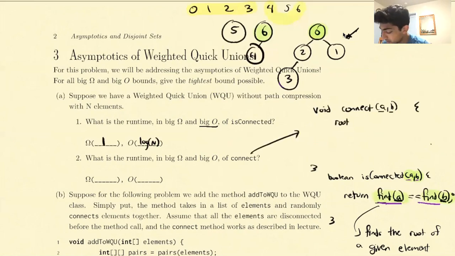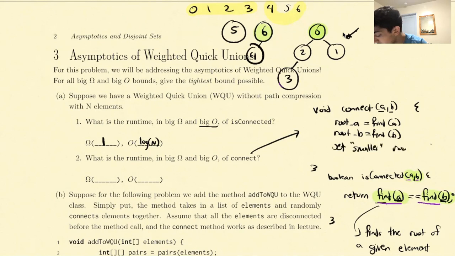So let's say root A is equal to find A, root B is equal to find B. Then we decide which root is smaller, meaning which root belongs to a tree that's of a smaller size. Let's take that root and make it a child of the other one. So set smaller root as child of the other.